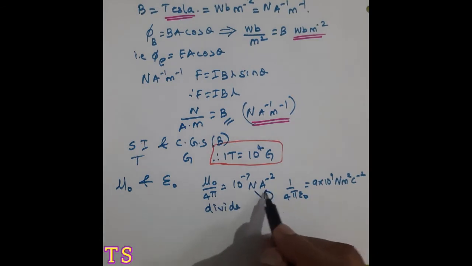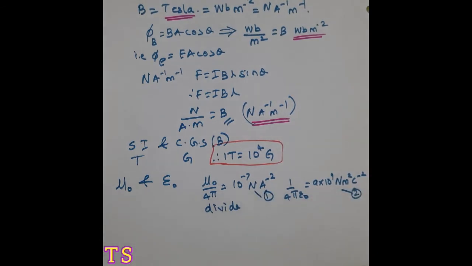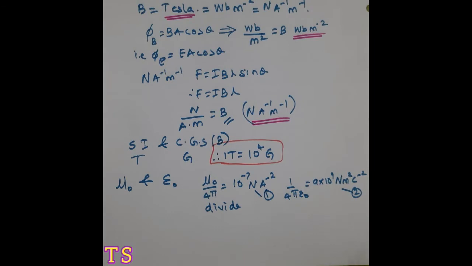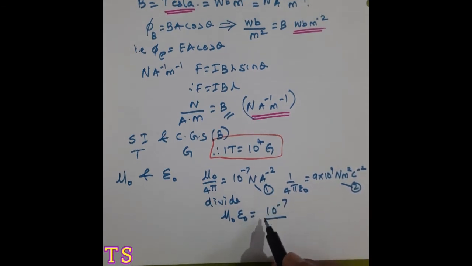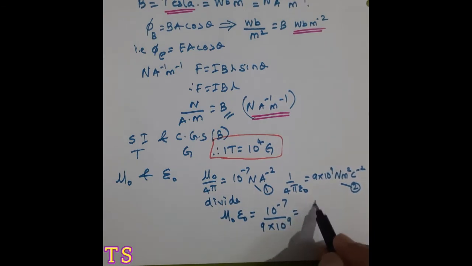If I divide these two equations, let's say equation number 1 and equation number 2, I get the relation mu naught epsilon naught equals 10 raised to minus 7 upon 9 into 10 raised to 9. If I simplify this ahead, I get this as 1 upon 9 into 10 raised to 16.